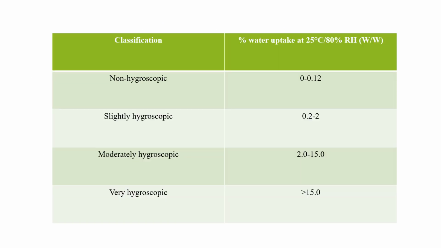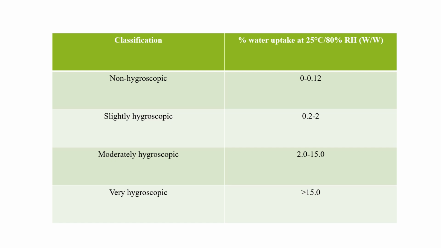Next, here is a classification of the hygroscopic compounds, which is classified according to their percentage water uptake at 25 degrees centigrade and 80% relative humidity. It is a major classification, and you can note it down because many questions come from here.